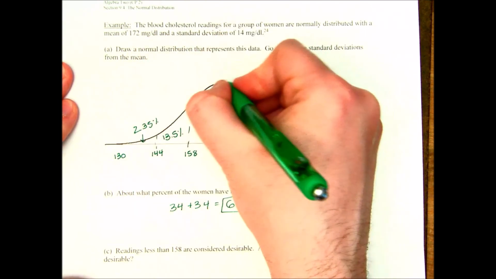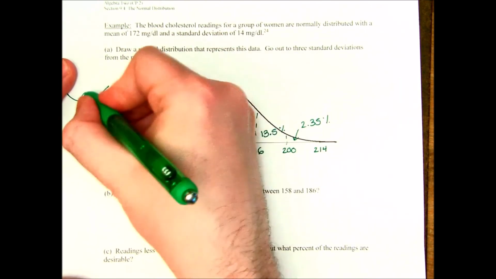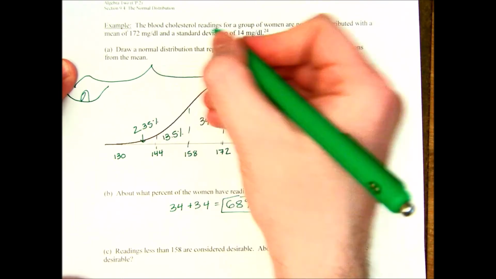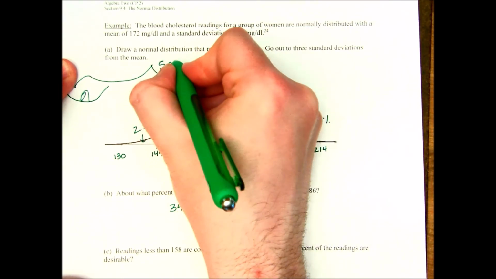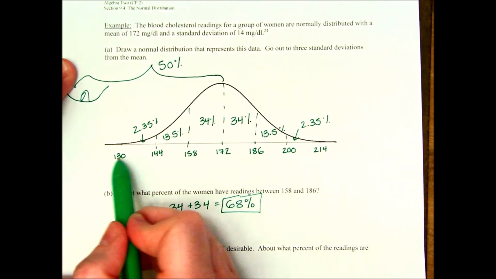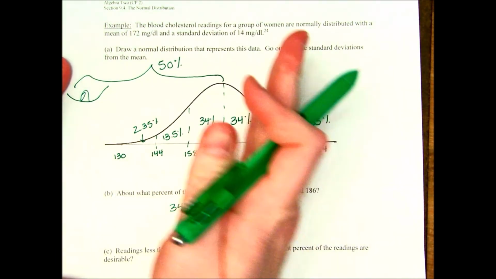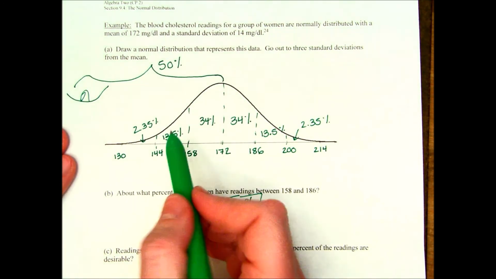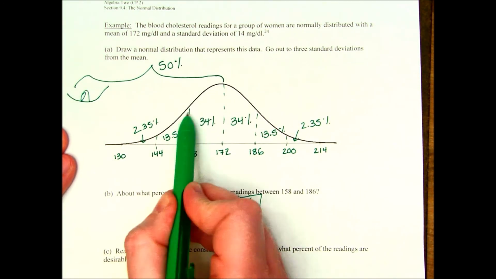I know that all my data less than the mean, less than 172, is 50%. Not from 172 to 130, but from 172 all the way down to, well, whatever. That's 50% of my data. I want to figure out how much data is less than 158.